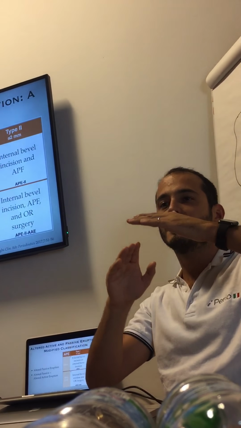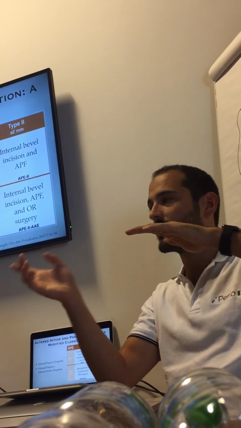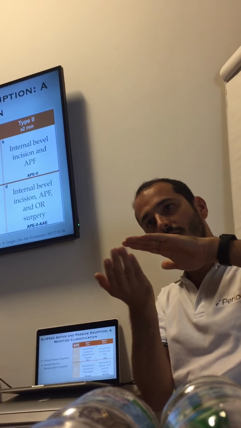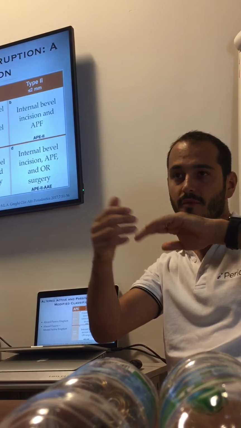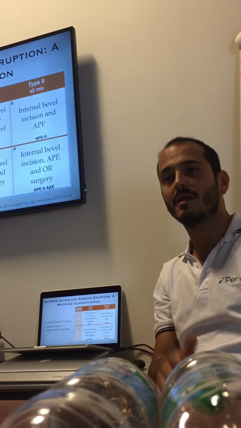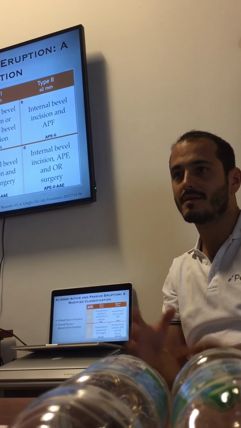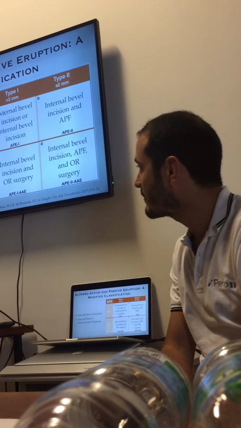Then you only elevate a little bit and you remove the bone, or you use a sonic instrument to remove the bone and make it far away from the CEJ. And far away means at least 1.5 millimeters. That's the accurate number that you have to have, at least that number.